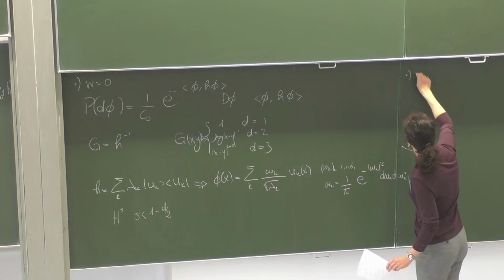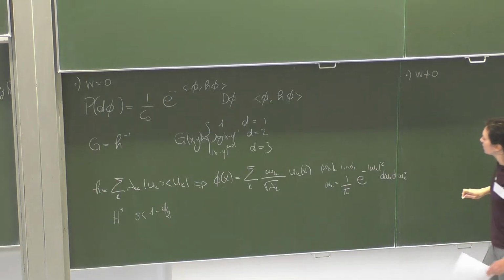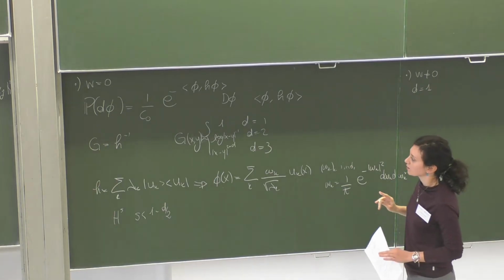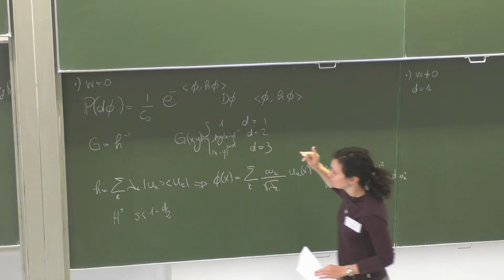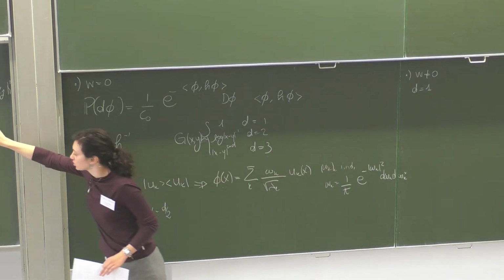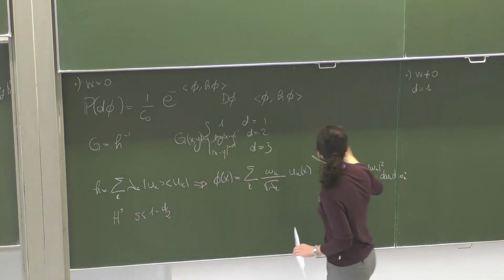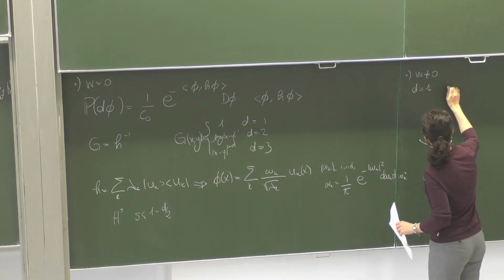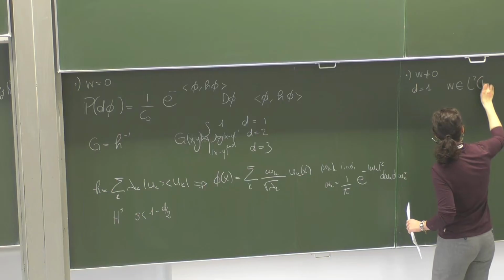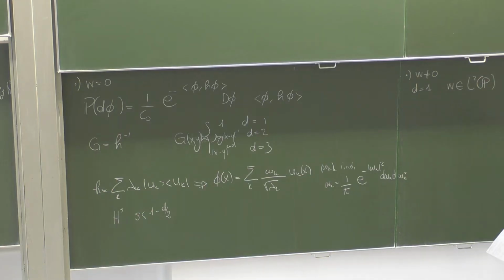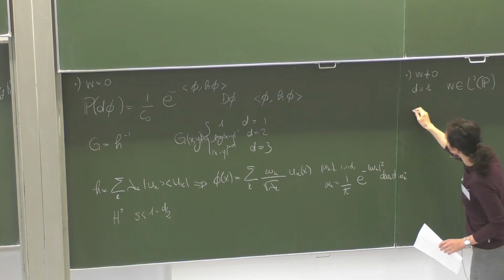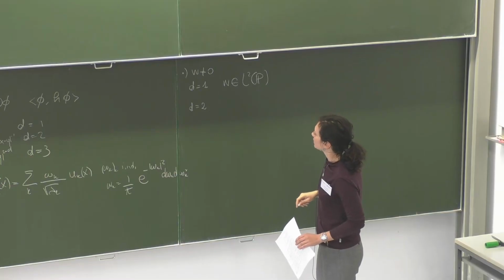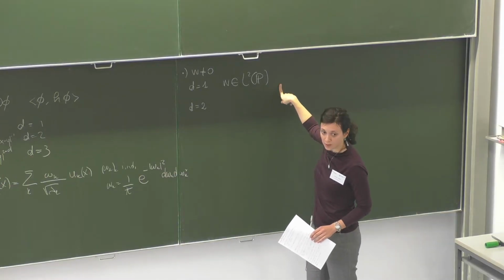In dimension 1, everything is okay, because we can use Wick's theorem, and the interaction potential is bounded, and so we have actually that W is in L2 with respect to the probability measure P. The problem starts with dimension greater or equal to 2, where this is not true anymore.